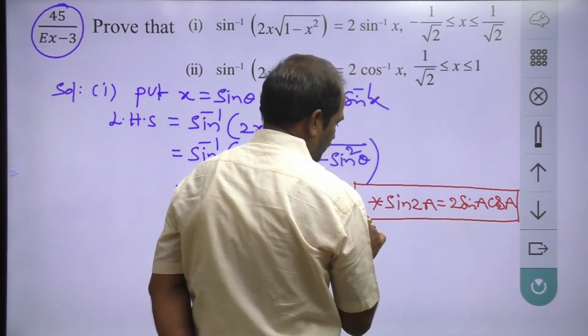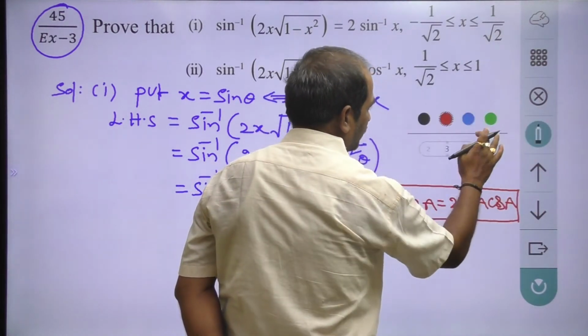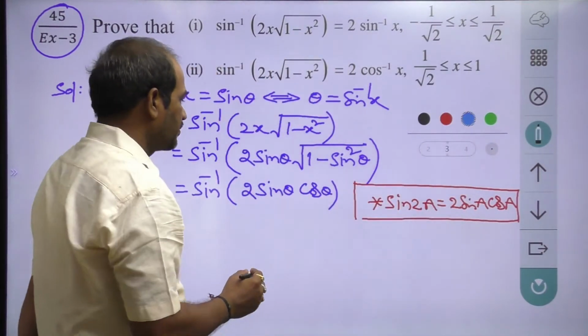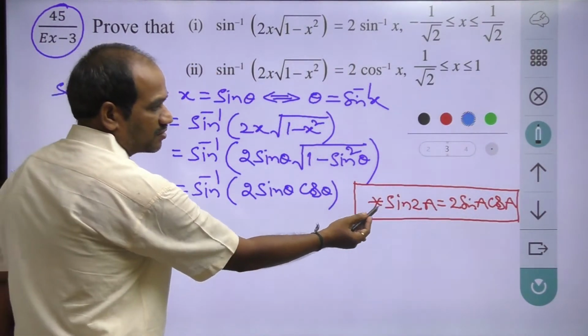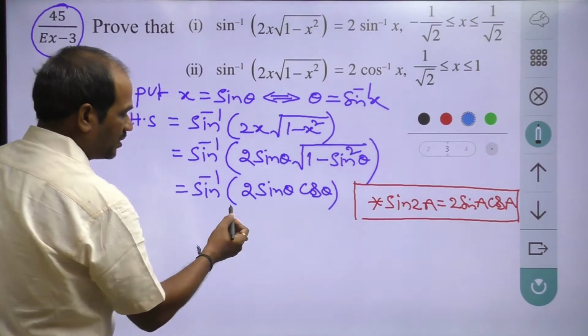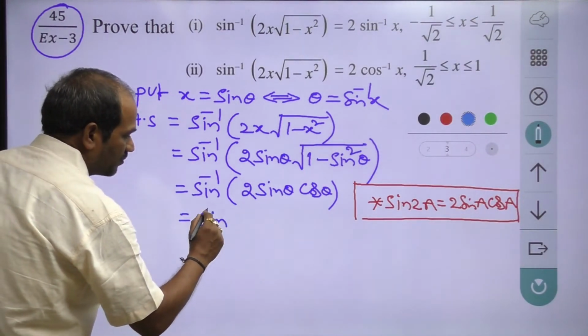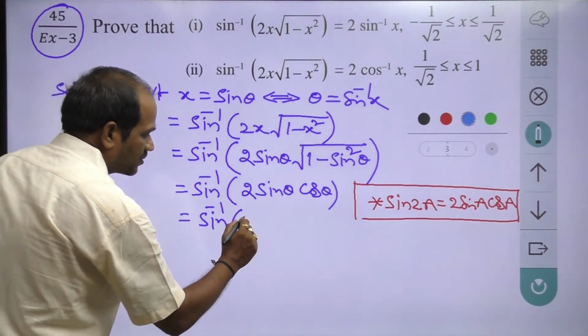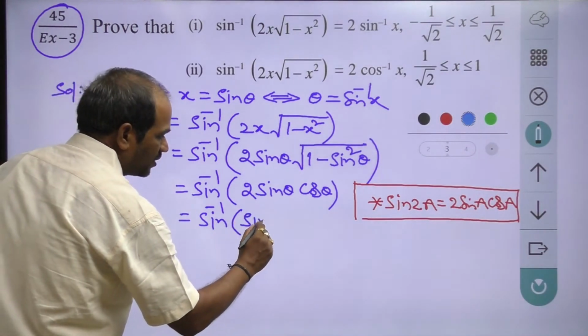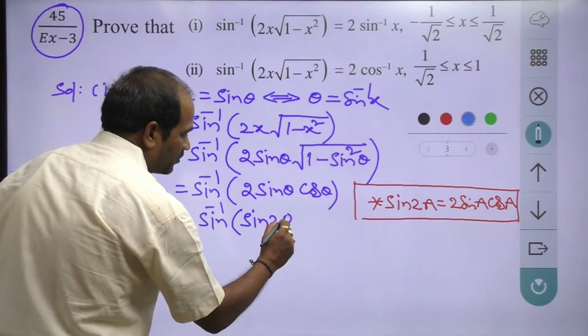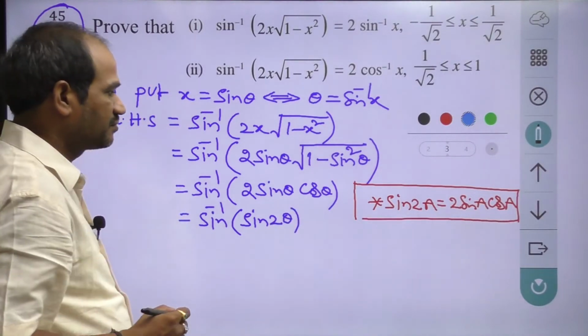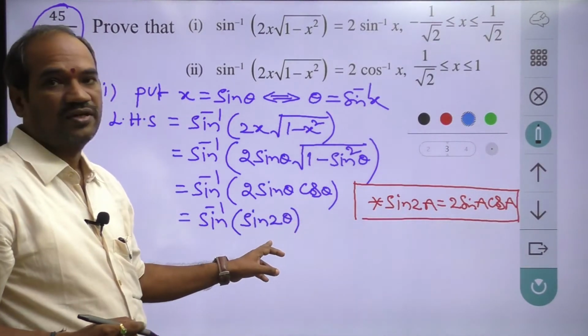Here 2 sin theta into cos theta is sin 2 theta. So that is sin inverse of sin 2 theta.